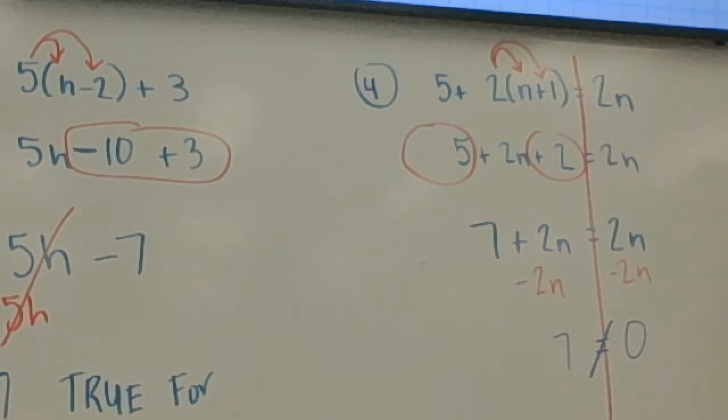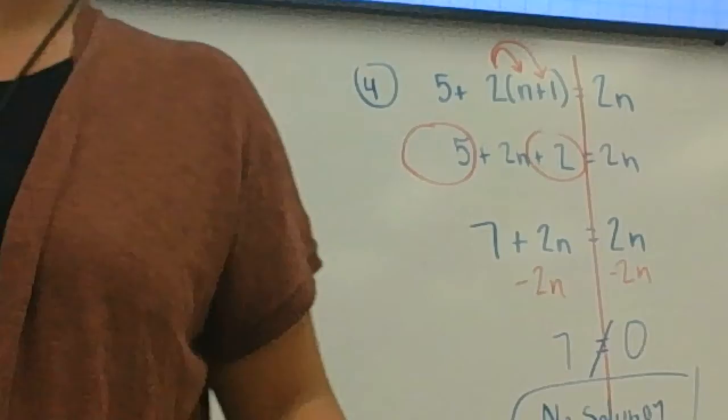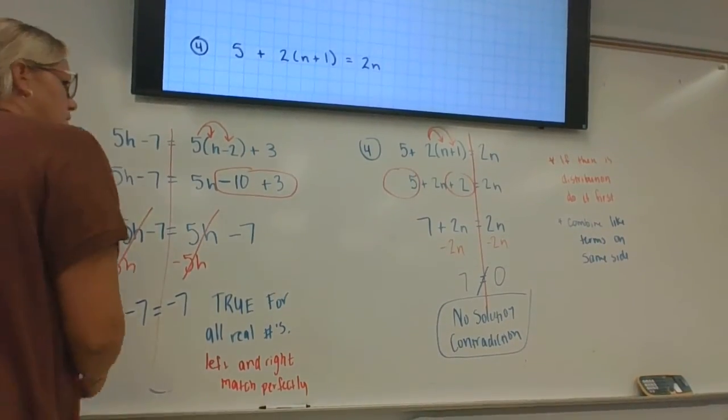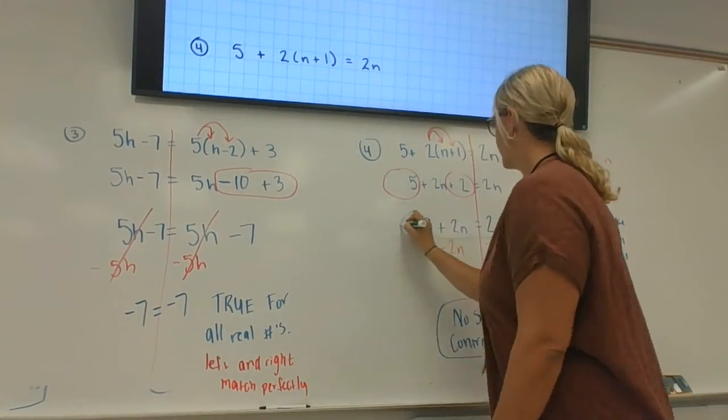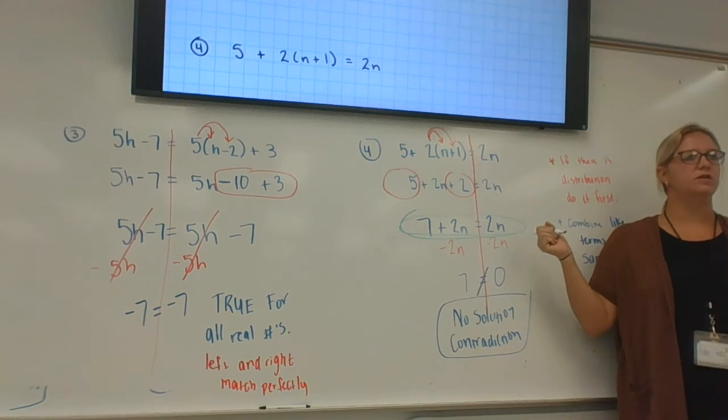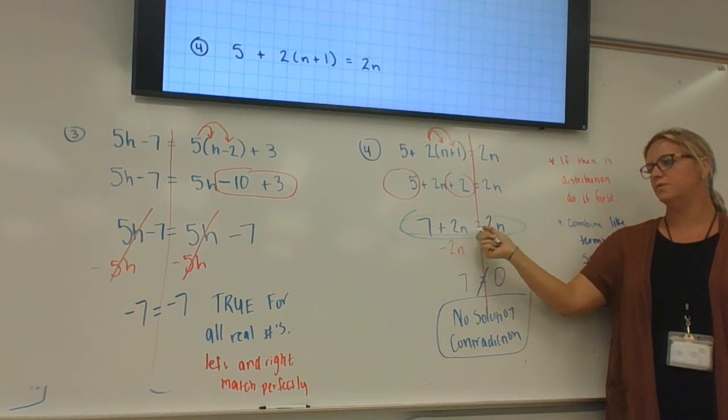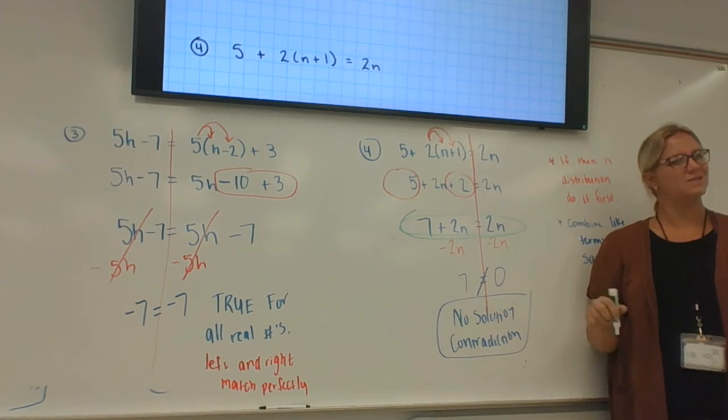That's never been true. If it comes down to it and your variable is canceled like that, it's no solution. What this means is that there isn't anything ever that will make this come true, and I can explain it pretty good looking right here. If you look at this green circle, where it says 7 plus 2n equals 2n, does that make any sense?